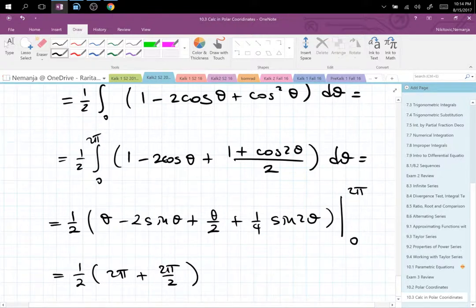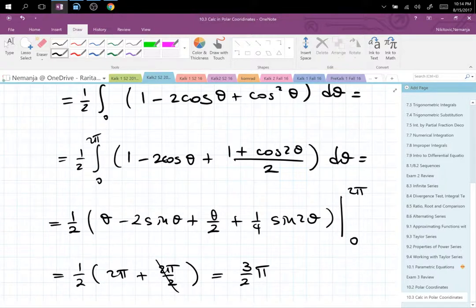Again, when you plug 0 in any of these terms, they're all 0. When you plug 2 pi into sine theta, that's 0. And also sine of 4 pi is 0 as well. So this is all that survives. This cancels here. And altogether 3/2 pi. 3/2 pi is the area of the entire thing.